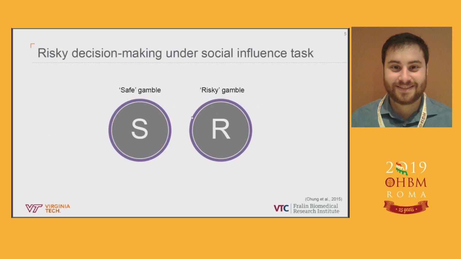So essentially in this task, people choose between these two gambles, and they choose the gambles based on the total pie, right? So the outcome of the gamble. If you choose a risky gamble, for example, you get one value out of it, and there's a 70% chance of winning 90 cents or a 30% chance of winning $38.